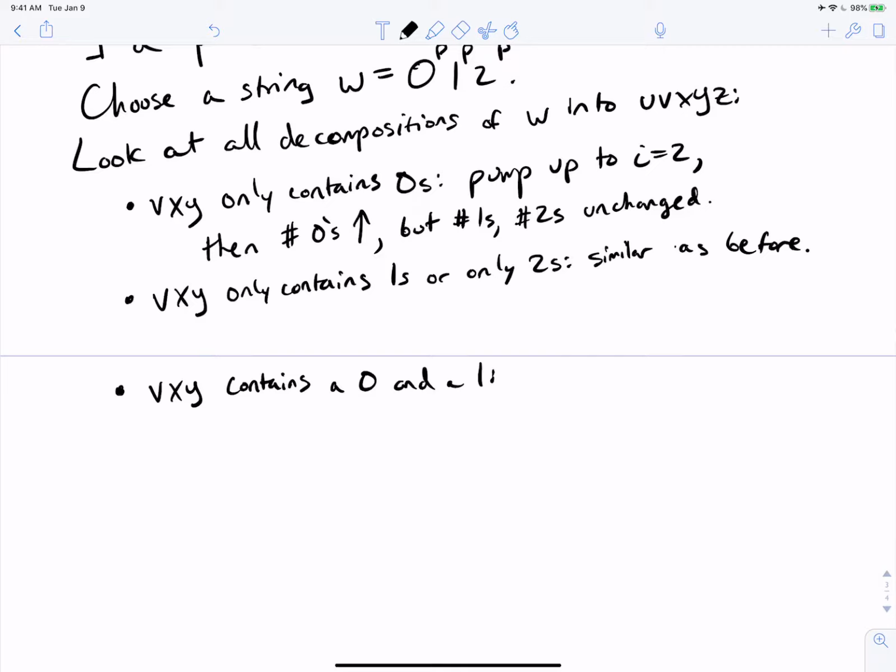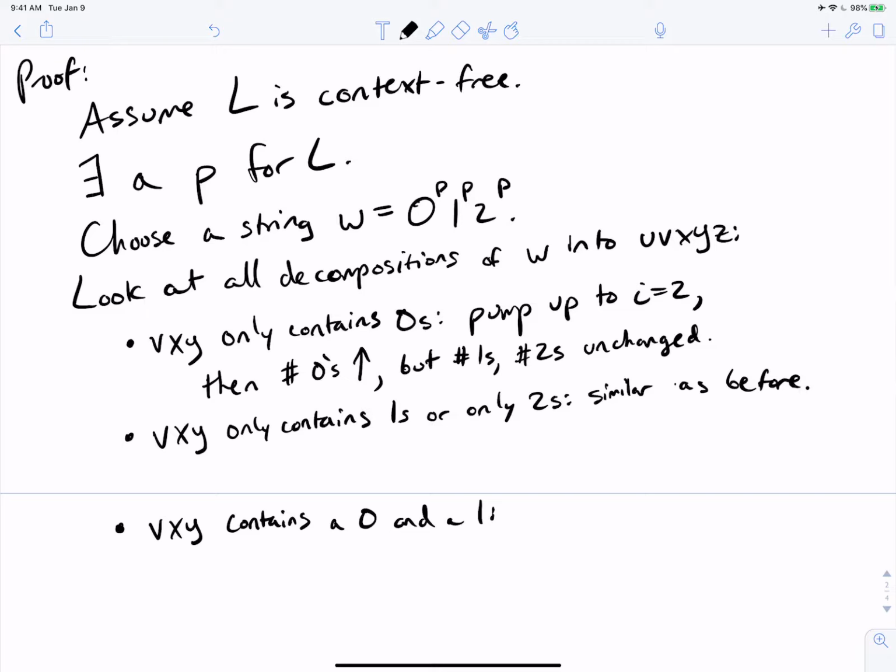So this one really is a technical term. It straddles the boundary between the zeros and the ones. So some of it's in the zeros, some of it's in the ones. It's not uniformly in one of the segments here. So what if the VXY part contains a 0 and a 1?